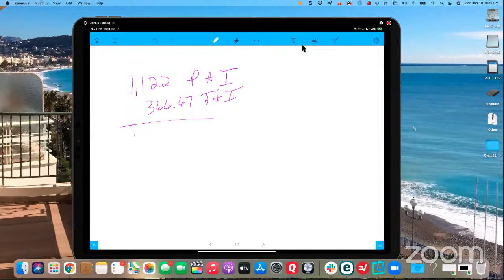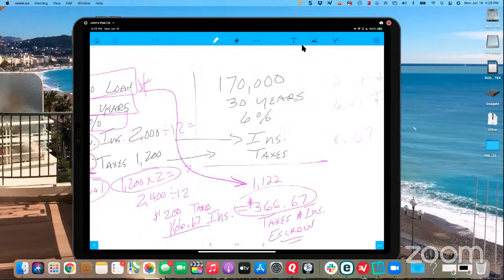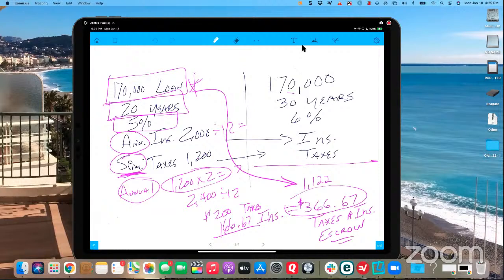Gives me 1,488.67. I'm double checking. 1,488.67. Okay. Now, remember, this time we're doing 30 years and 6%.